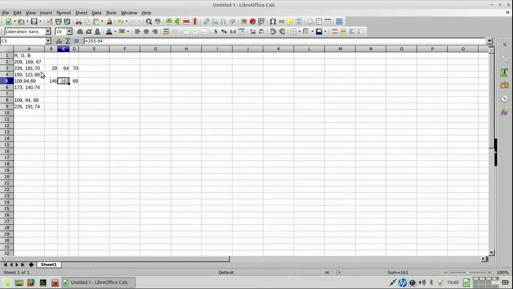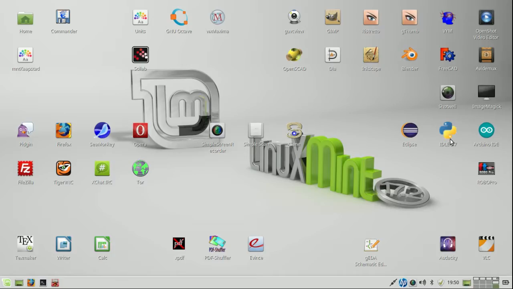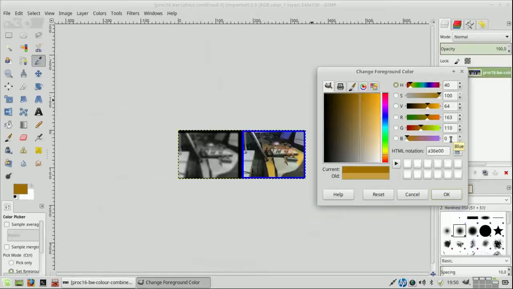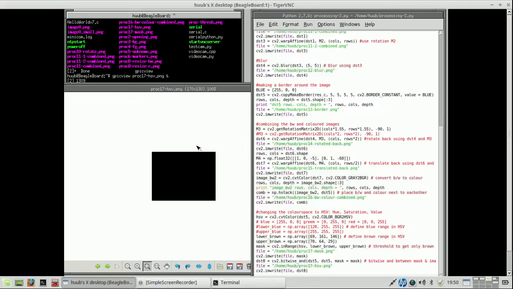And if I look here, these are not the same values. But blue here is completely zero. Oops. And here blue is not zero. So that may also be the problem, that I have to put these to zero.